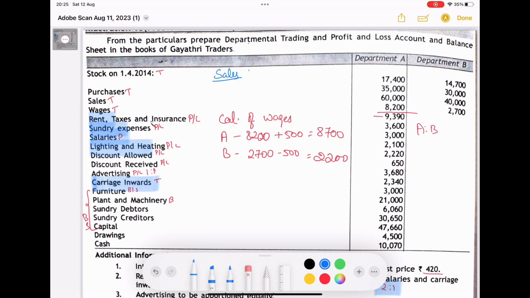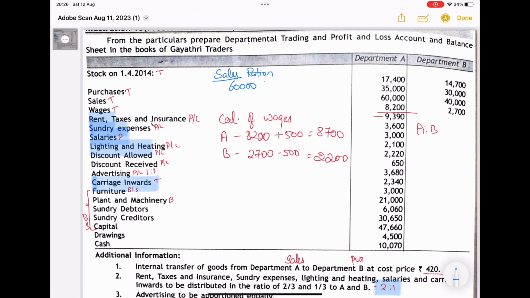Total sales of departments A and B: for department A 60,000 and for B 40,000. That gives a 3:2 sales ratio.